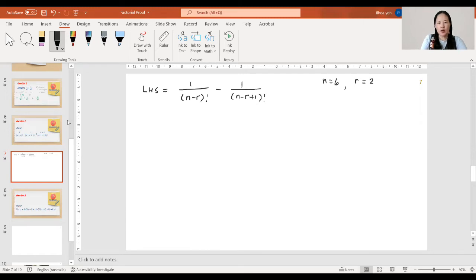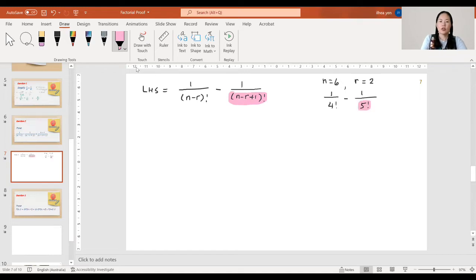So 1 over (n minus r) factorial will be 1 over 4 factorial, wouldn't it? Minus 1 over, and if I put n minus r plus 1 with 6 and 2, it'll be 6 minus 2 plus 1, which is just 5 factorial. So we know that this will be our common denominator, wouldn't you?